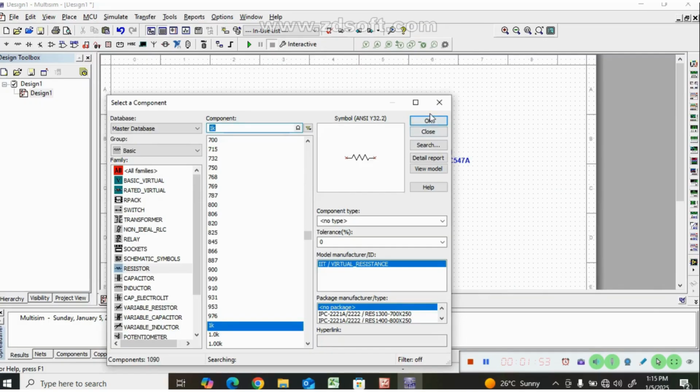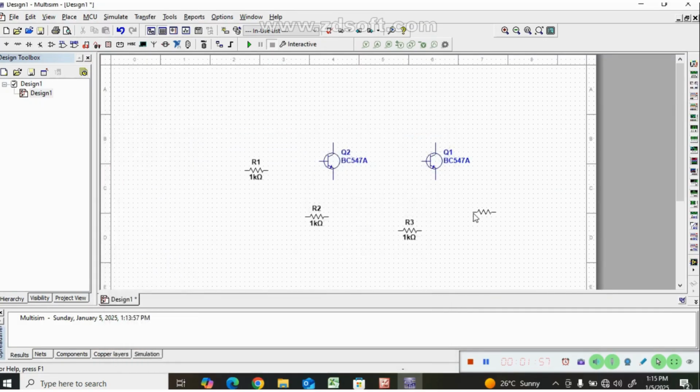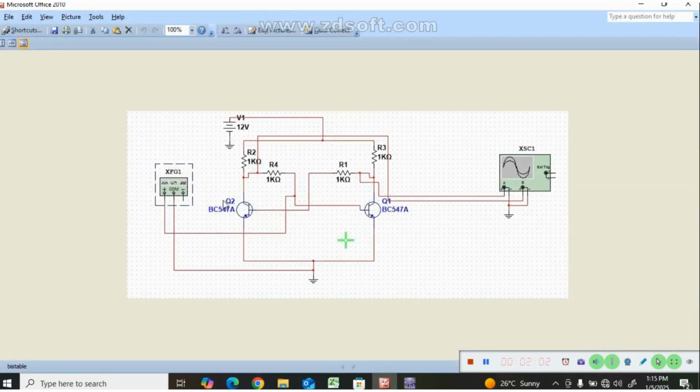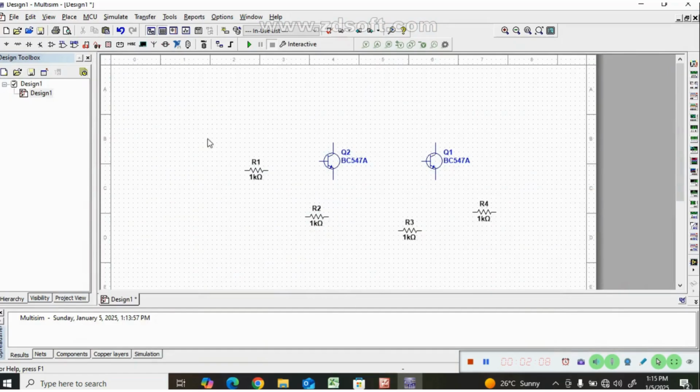So four resistors are obtained, and we need a biasing unit, input section, output section and ground terminal.